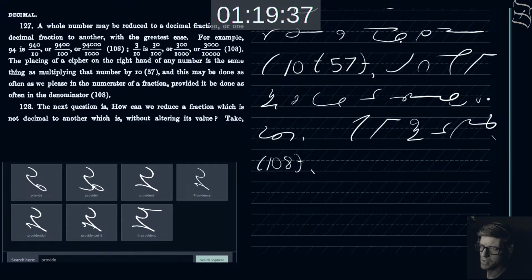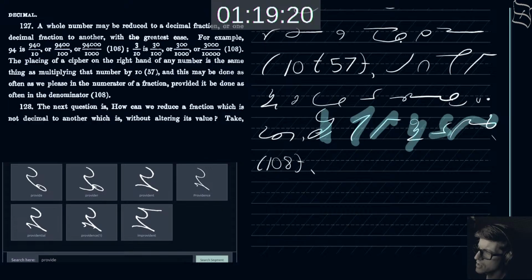I think that would be a disjointed D, so we go provided here.